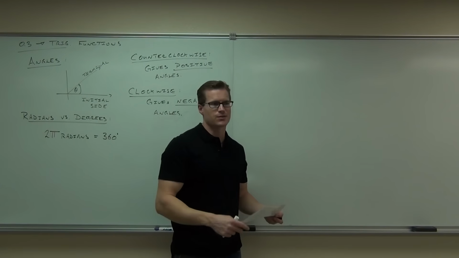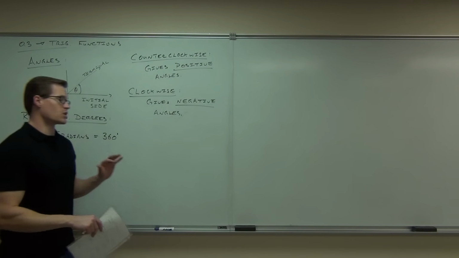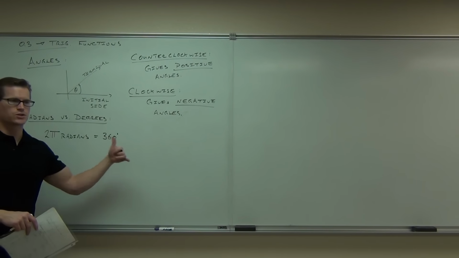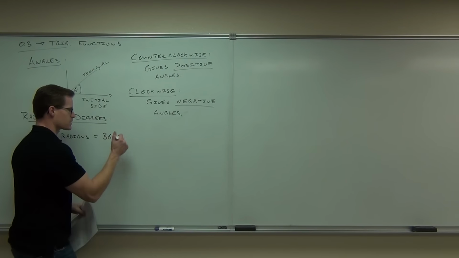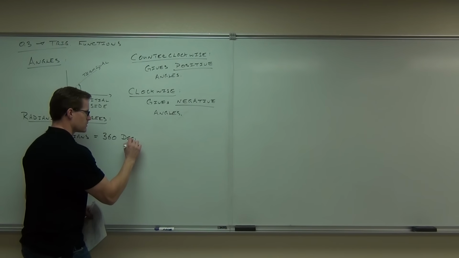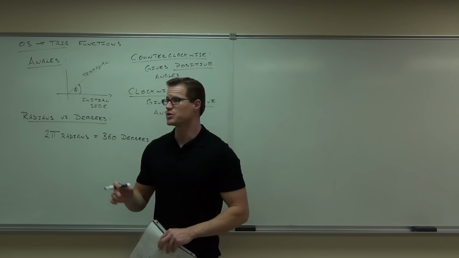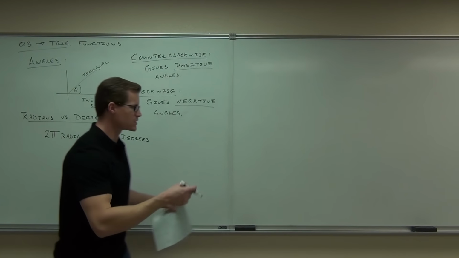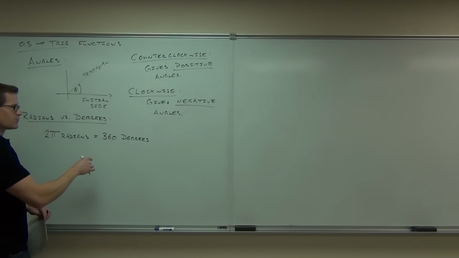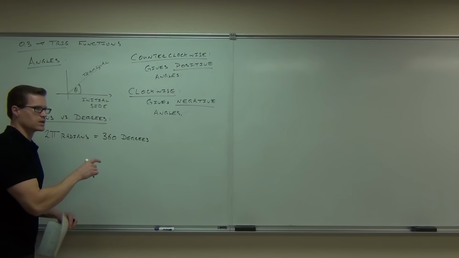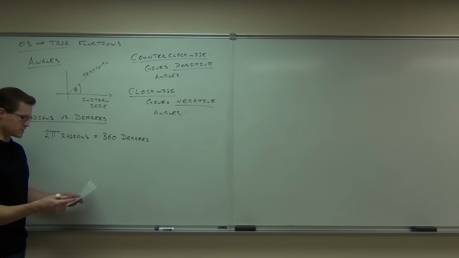Therefore, they have to be exactly the same. What this gives us, if we do just a little bit of mathematics, if we solve for radians or we solve for degrees, is a method on how to convert between radians and degrees. So, for instance, if we want to solve for degrees, well, we can divide by 360, and that's going to tell us that to change from radians to degrees, we're going to be multiplying by pi over 360.